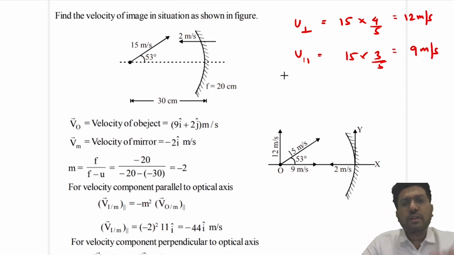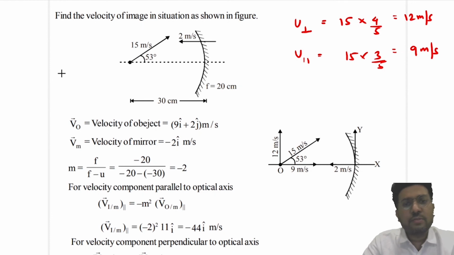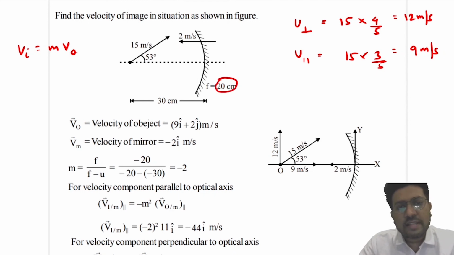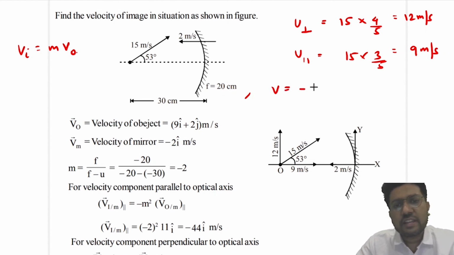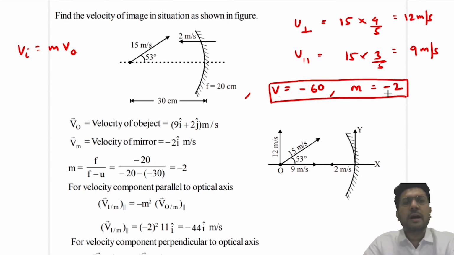So I have got the perpendicular component and the parallel component of the velocity. For the perpendicular component, you know that the velocity of image is m times the velocity of object. When the focus is 20 centimeter and the object distance is 30 centimeter, using the mirror formula you will get v is equal to minus 60 and m is equal to minus 2. By now we have done so many questions using the mirror formula.